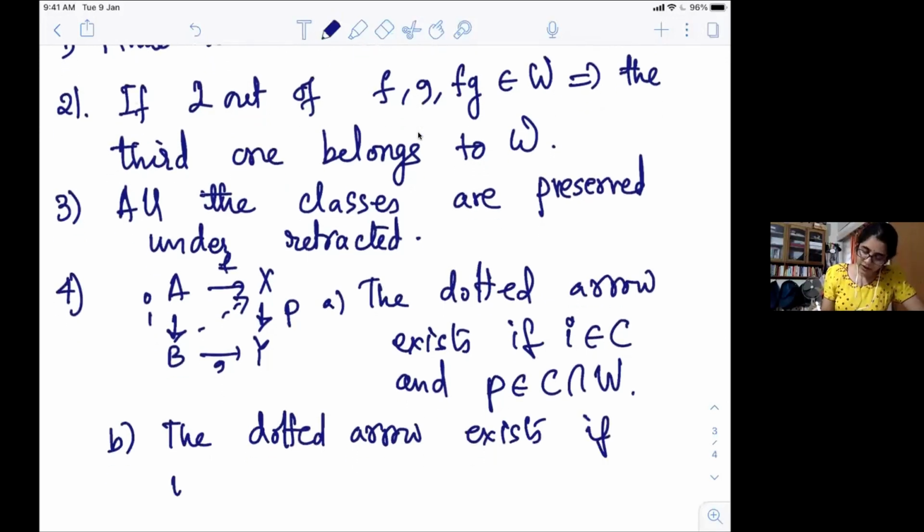If i is a cofibration and a weak equivalence, and p is a fibration. Sorry.